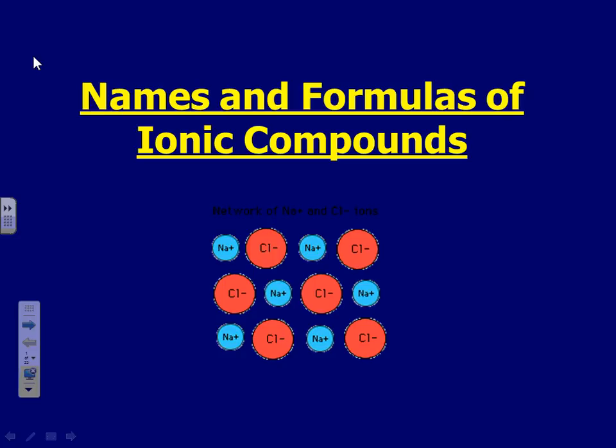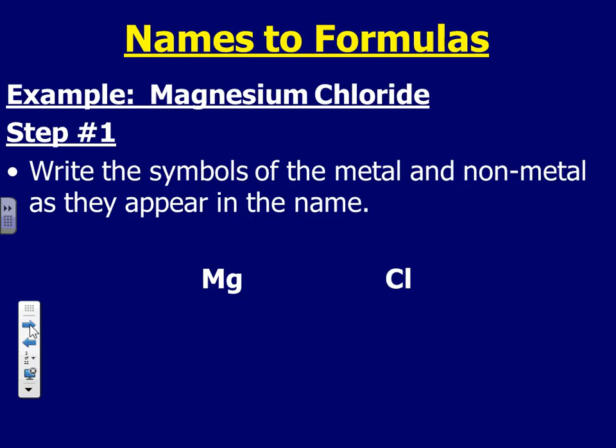Okay, so names and formulas of ionic compounds. How are we going to do this? Well, we're going to start by converting the names to the formulas. So we're going to start with the name. And we're going to write a series of rules here that's going to teach us how to do this.